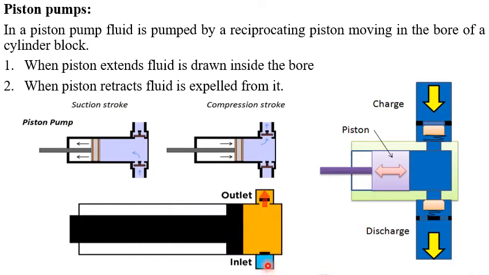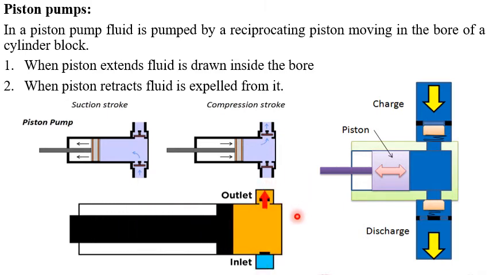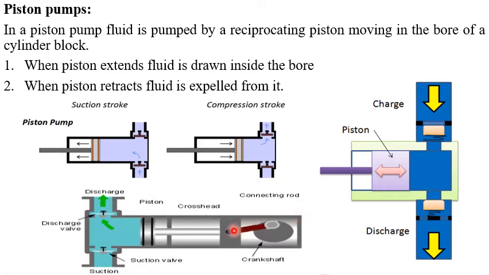Inlet is low pressure, outlet is high pressure. And one more animation. Here you can see a prime mover or IC engine is provided to get the movement of the piston. Look at the piston movement and the valves opening and closing. The white colored parts are the valves, inlet valve here, outlet valve here.